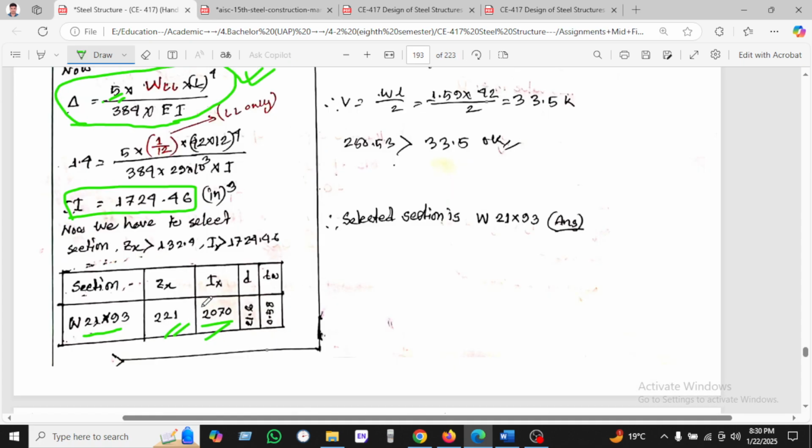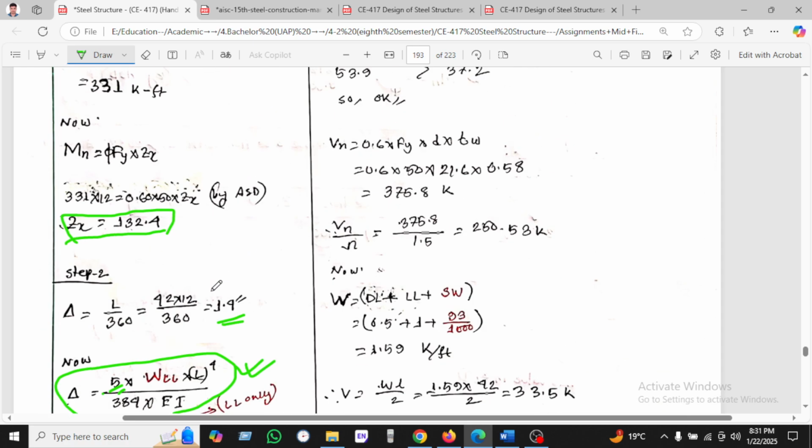In this way we are selecting this member with this information.